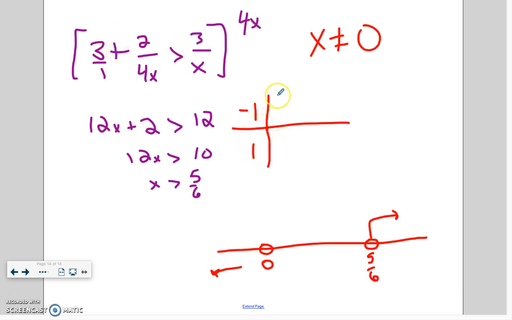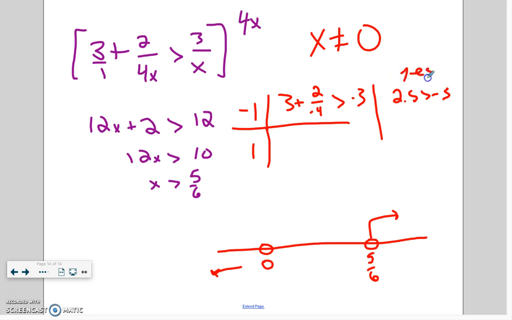So when we plug -1 in here, you get 3 plus 2 over -4 is greater than -3. So 3 plus a -1/2 is 2.5, so is 2.5 greater than -3?